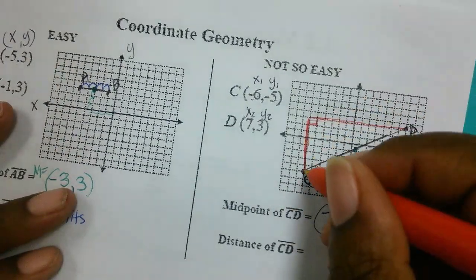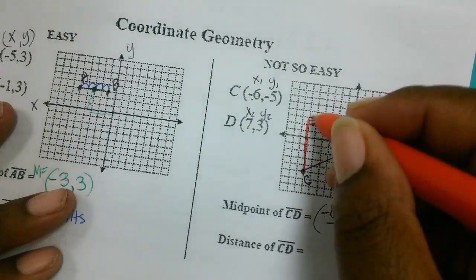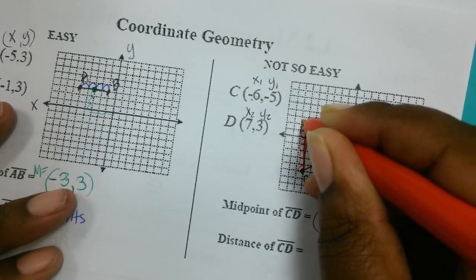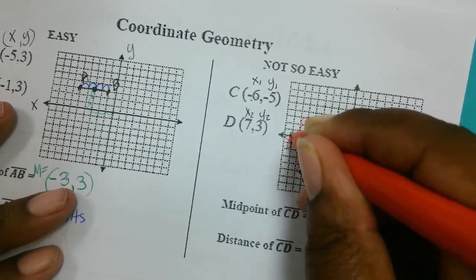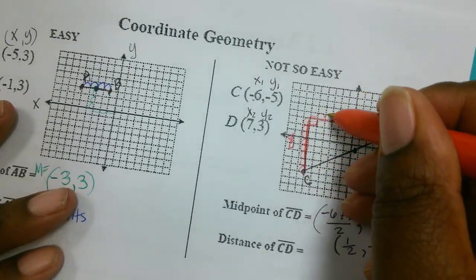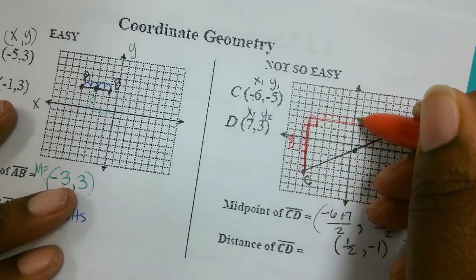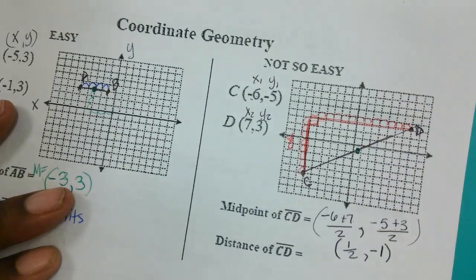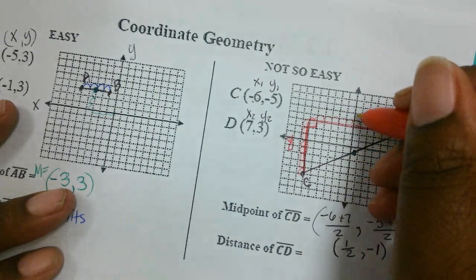So now I gotta see, okay, well, how long is it, this space right here? 1, 2, 3, 4, 5, 6, 7, 8. 8 units. And how long is this space here? 1, 2, 3, 4, 5, 6, 7, 8, 9, 10, 11, 12, 13. 13 units.